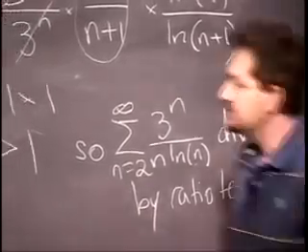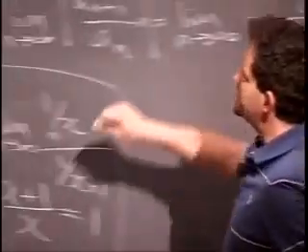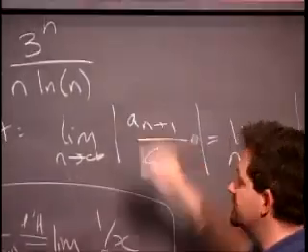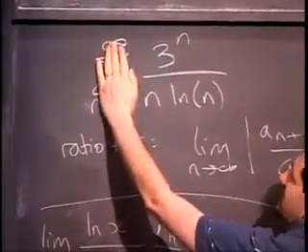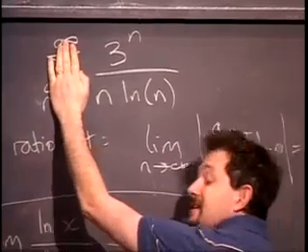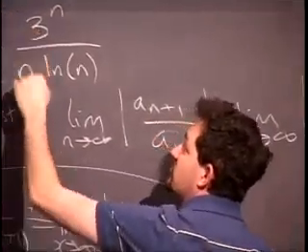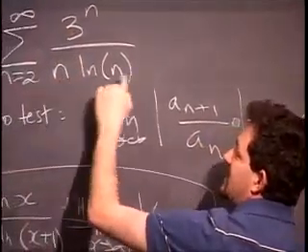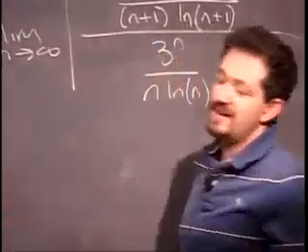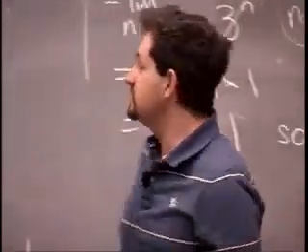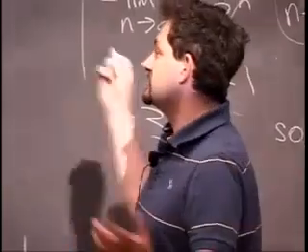By the way, if you did happen to use the nth term test on this, so just look at what happens to these quantities, forget the sum, it turns out that they go to infinity because exponentials grow faster than either the polynomial n or the logarithm. So you could also just start by saying, hey, the nth term goes to infinity, not 0, so it diverges.